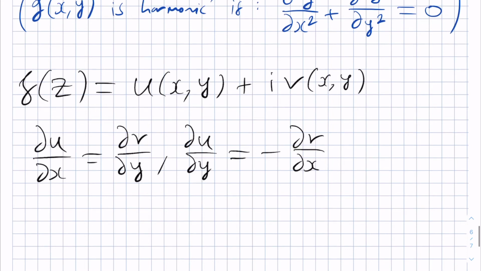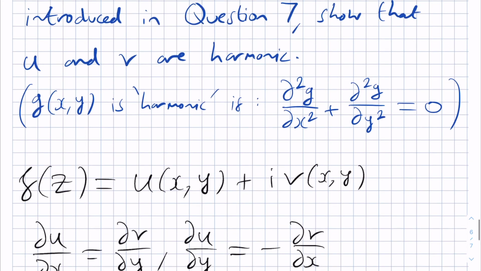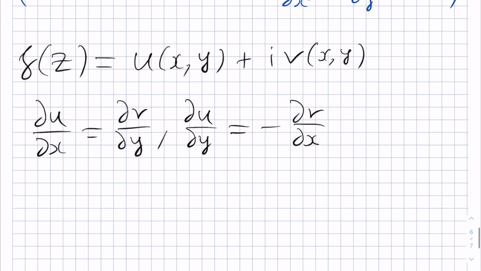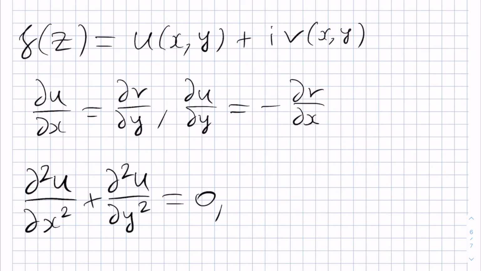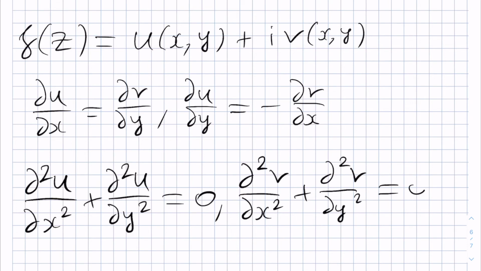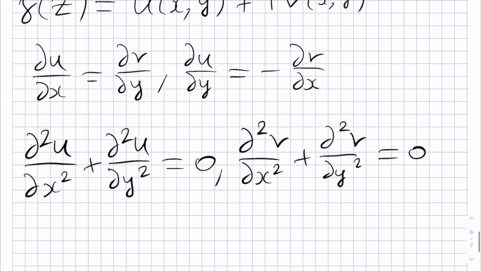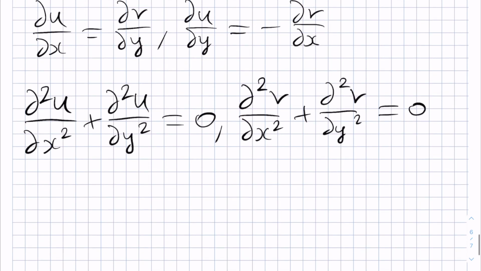So we need to show that, looking at this equation here for g, d squared u/dx squared plus d squared u/dy squared is equal to 0, and the same for v as well. Let's take a look at the equation for u first. Let's consider this expression here and try and show that we get 0.